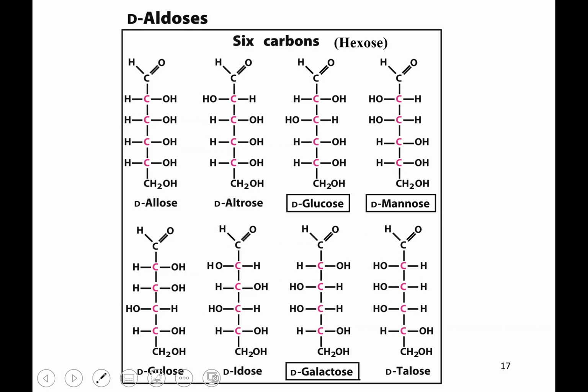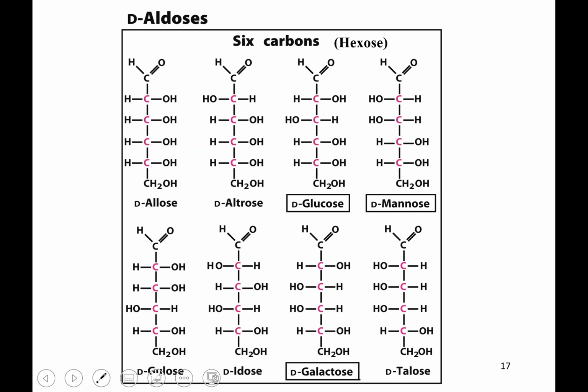And finally, the 6-carbon sugars, or the hexoses, are shown here. Again, the one you really need to know is glucose. And again, that's right, left, right, right. The others that are pretty closely related to it, mannose and galactose, are shown here.